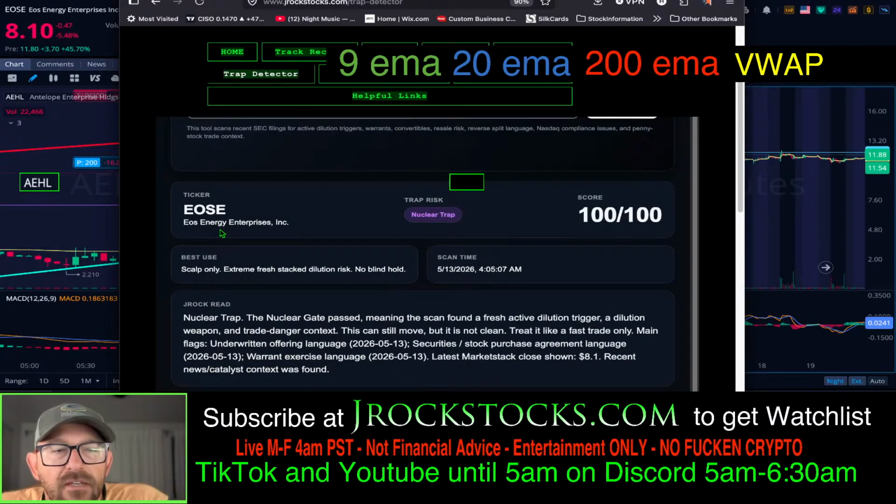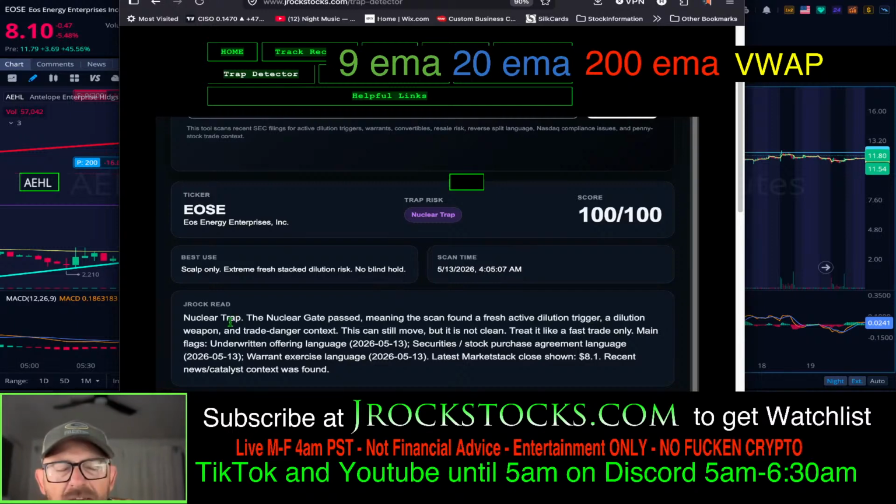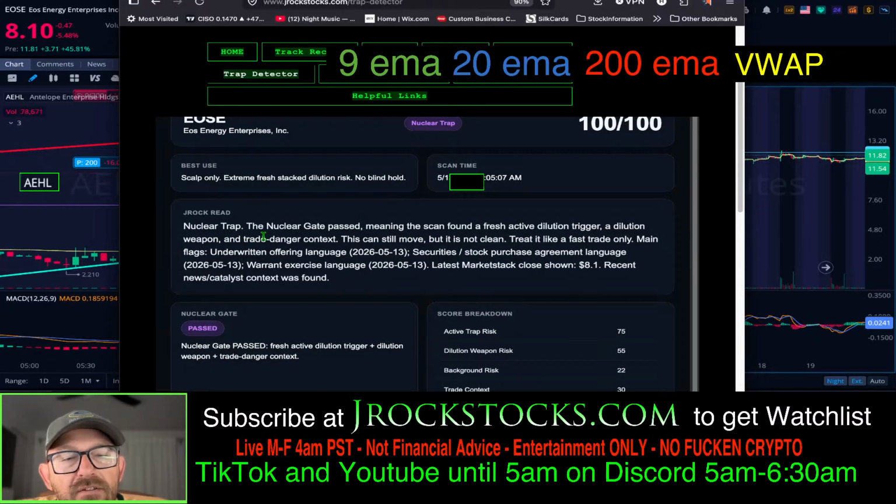So this thing is a dilution machine. It's 100 out of 100 trap risk. That doesn't mean you can't play with it. It's a scalp only, extreme fresh stack dilution, no blind holds. It says nuclear trap, the nuclear gate pass, meaning the scan found a fresh active dilution trigger, a dilution weapon, and trade danger context.